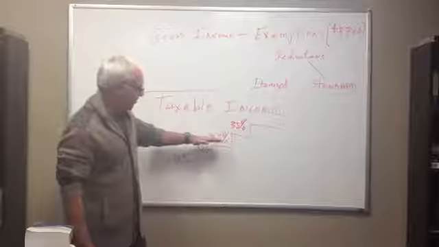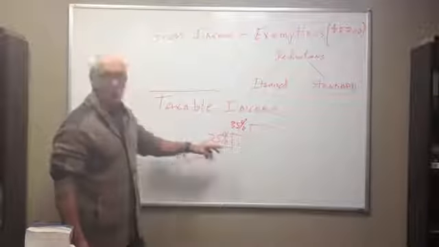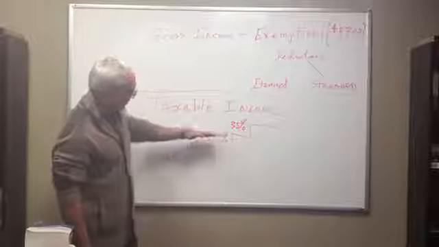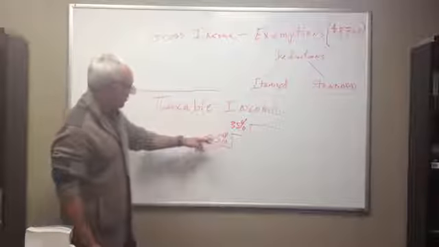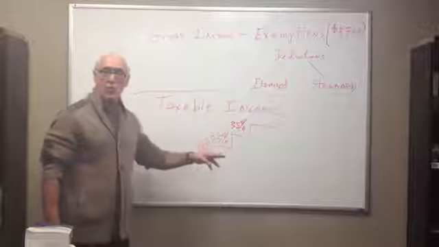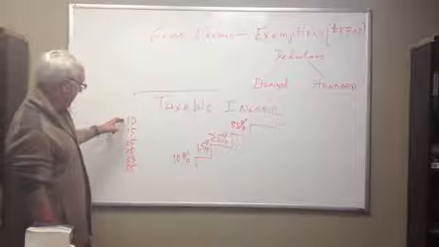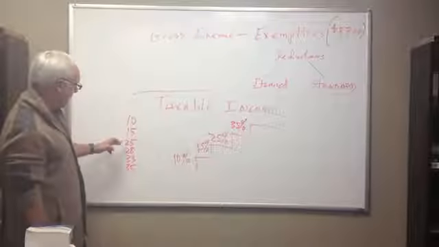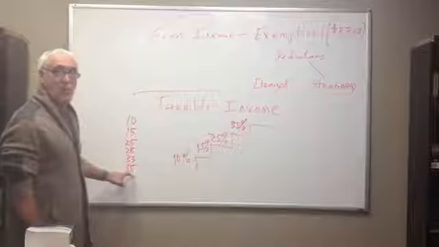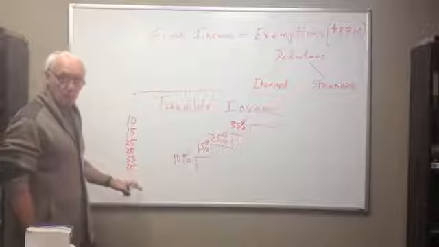Same thing when you go up, you may get up to a rate of 25%. Again, only on the increment. Only the amount of income on that riser is charged 25%. The tax rates, by the way, in the Internal Revenue Code start at 10, then 15, 25, 28, 33, 35. That's the highest tax rate in the United States Internal Revenue Code.